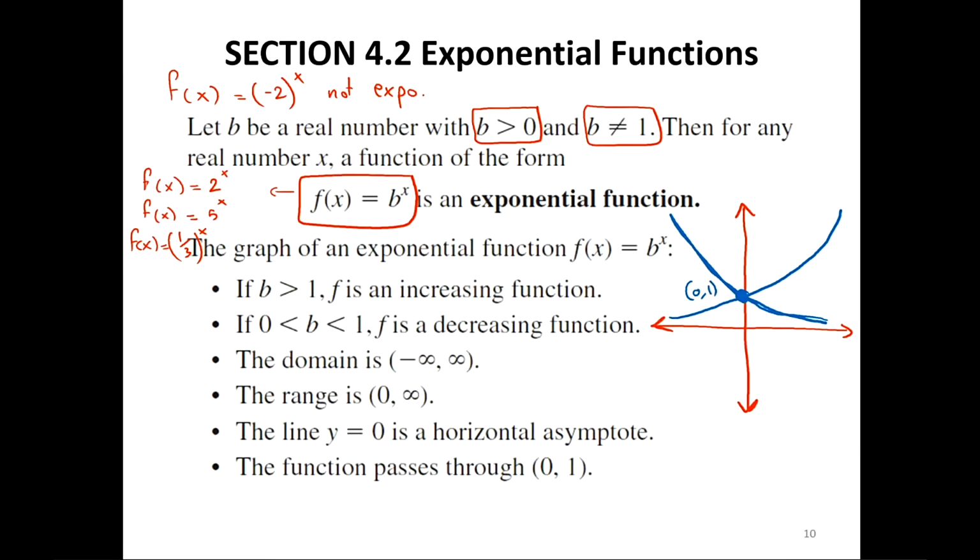If the exponential function is increasing, the b must be greater than 1, for example, 2 to the power x or 5 to the power x. If it is decreasing, the b must be between 0 and 1, but not equal 0 and not equal 1, but positive. For example, 1 over 2, 3 over 5, 2 over 3, like this.